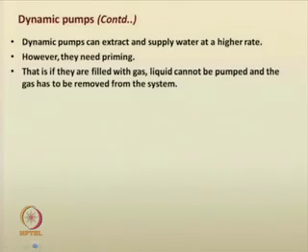dynamic pumps require a mechanism called priming. What is that? If you have a pump set for extracting water from a location, and if gas happens to enter some of the chambers, then you cannot directly use the dynamic pump for extracting fluid or water from the source.